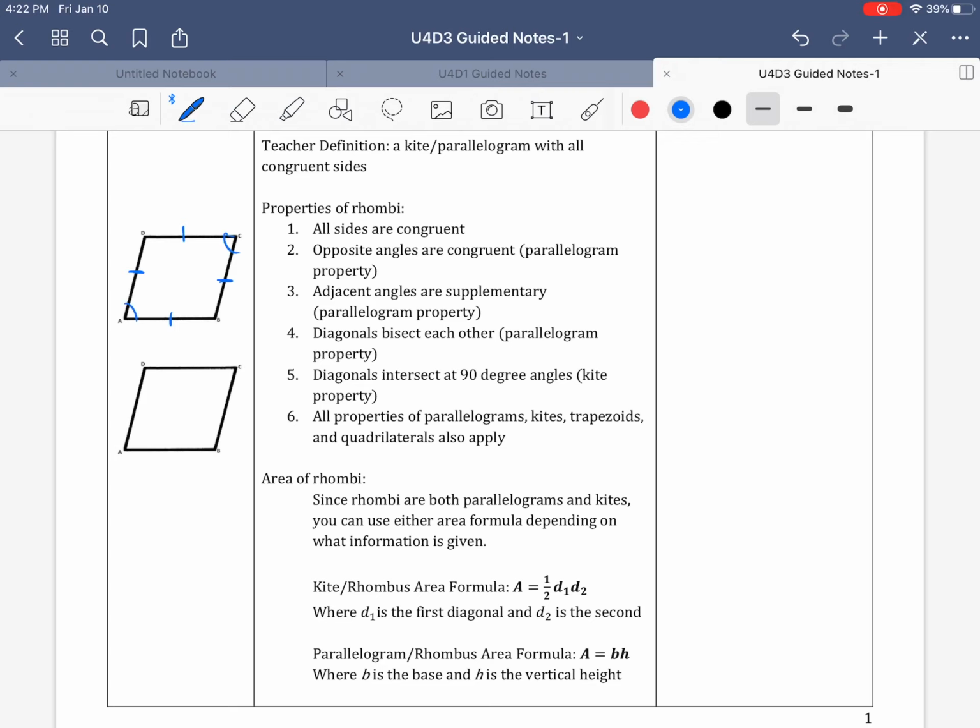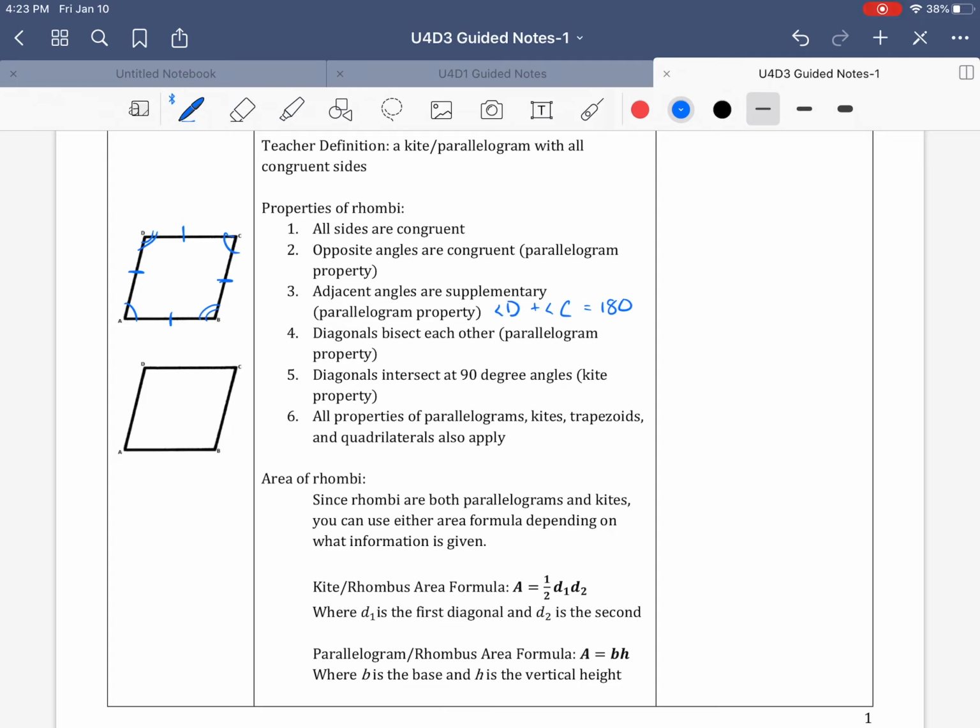So angle A and angle C would be congruent, and angle D and angle B would be congruent. We also know that adjacent angles are supplementary. So angles that are next to each other would equal 180 degrees. For example, angle D plus angle C would equal 180 degrees.